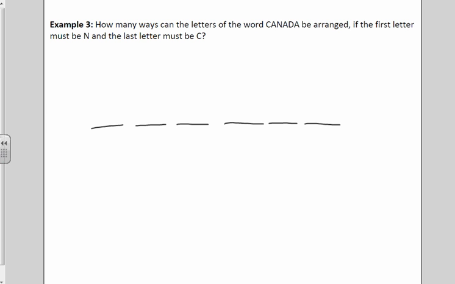We know that the first letter is fixed, so how many choices do we have there? Just 1. And the last letter must be C, so that must be 1 as well, right? So we don't have choices here. What we're left with is these 4. We have 4 choices.